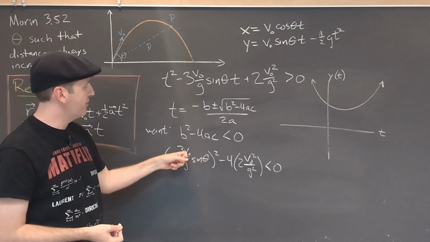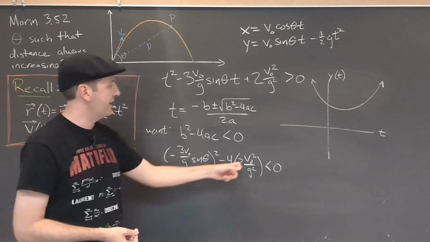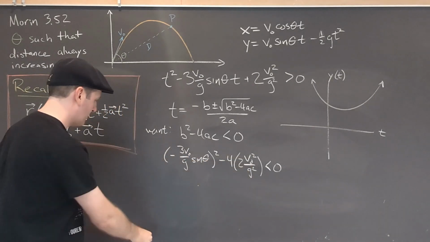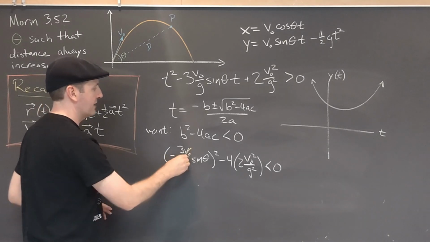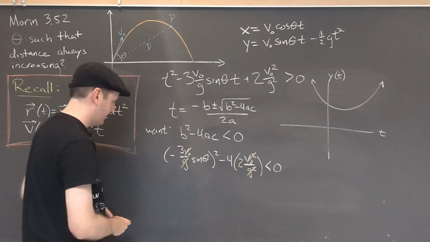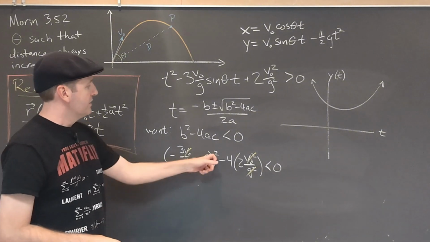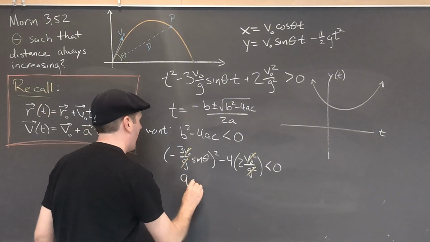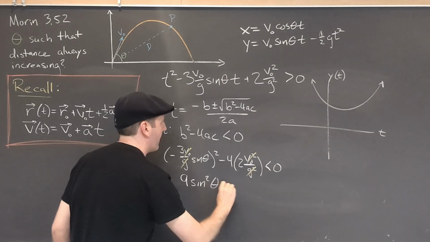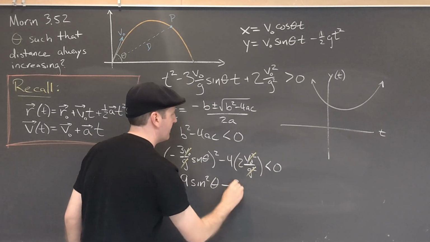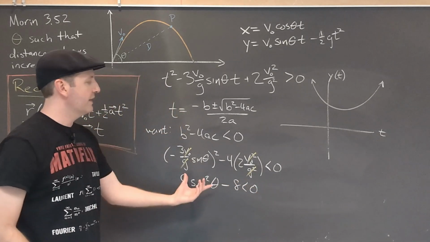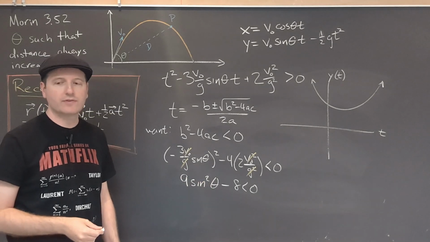Notice that when I square this out, v naught squared over g squared and v naught squared over g squared are both just positive constants that will end up canceling out. Distributing the square, this becomes an 8. Gives us a nice equation to solve for theta.